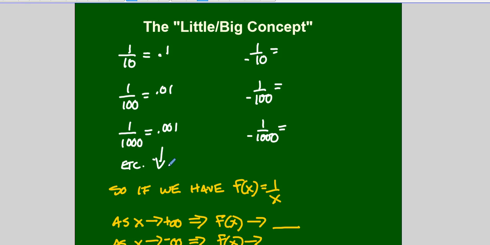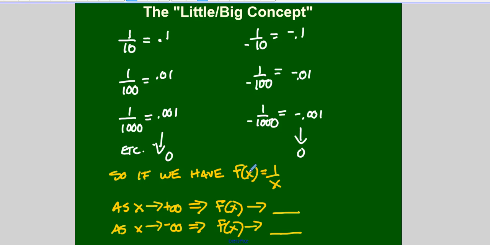They're never actually going to quite get there, but they're getting closer and closer. Same thing, 1 over negative 10 is negative 0.1, 1 over negative 100 is negative 0.01, 1 over negative 1000 is negative 0.001, etc. So again, they're negative numbers, but they're getting closer and closer to 0.